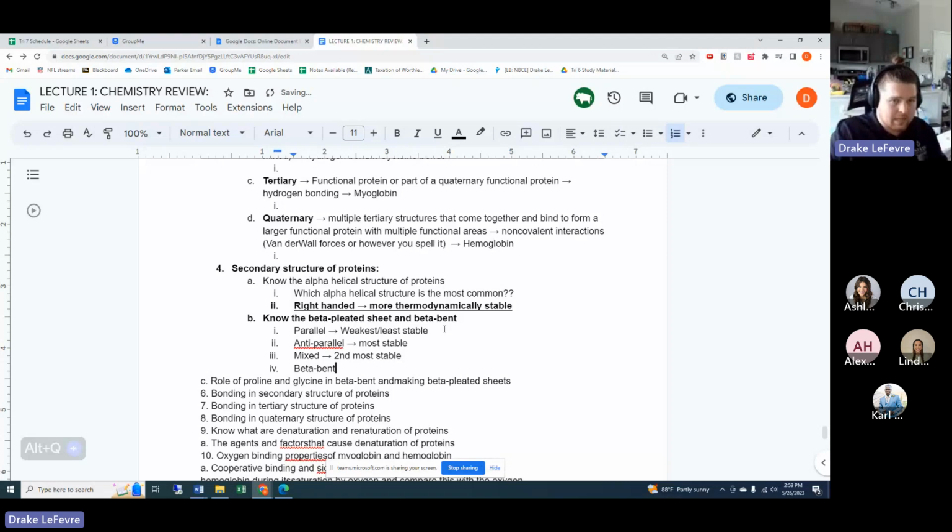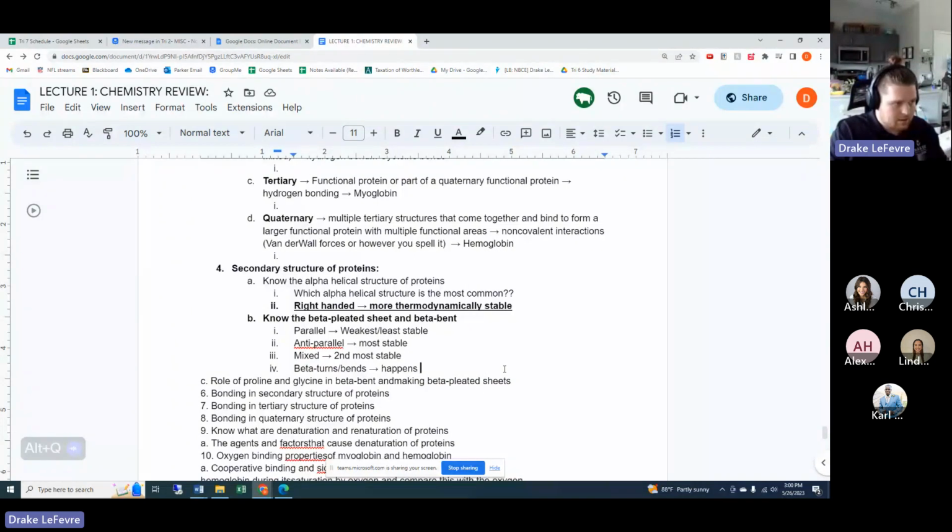The bending occurs because they call them beta bends or beta turns. When we're talking about the bends, do people understand what I'm saying when I talk about the beta turns or the beta bends? Do I need to explain that? No, I'm good. I got it. Okay.